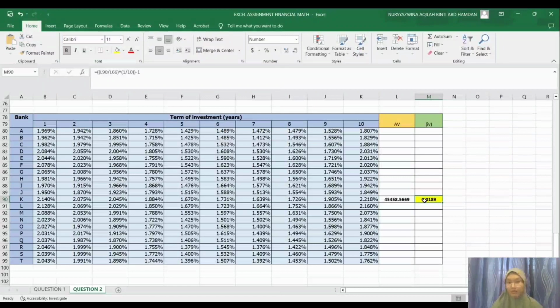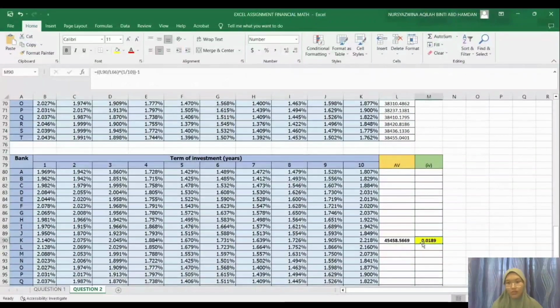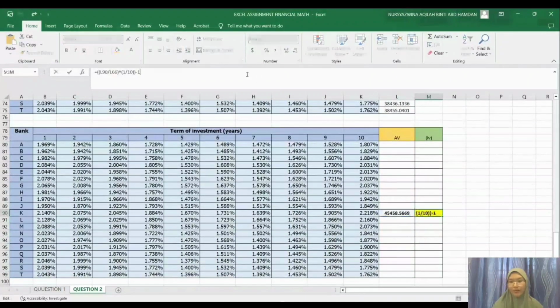So AV over PV to the power of 1 over 10, minus 1. Our AV is calculated as L90, which is this value, divided by L66, which is the value that we have calculated in the previous question, to the power of 1 over 10, minus 1. And we get the answer for IRR is 0.0189.